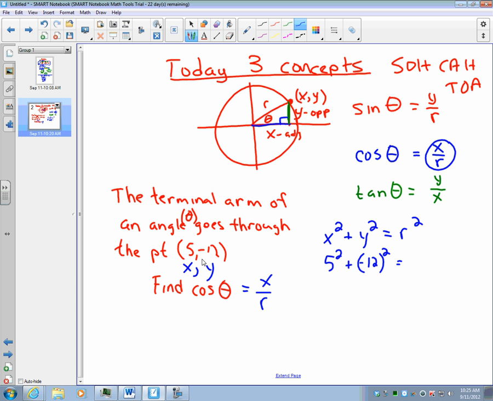Sometimes some of your calculators, when you push a negative 12 squared, it'll actually say negative 144. Most of the calculators now automatically put a bracket around it. But you should know that this is positive, right? So 25 plus 144. What do you end up doing at the end? Square rooting it, right? So r is going to be the square root of 169, which is 13.